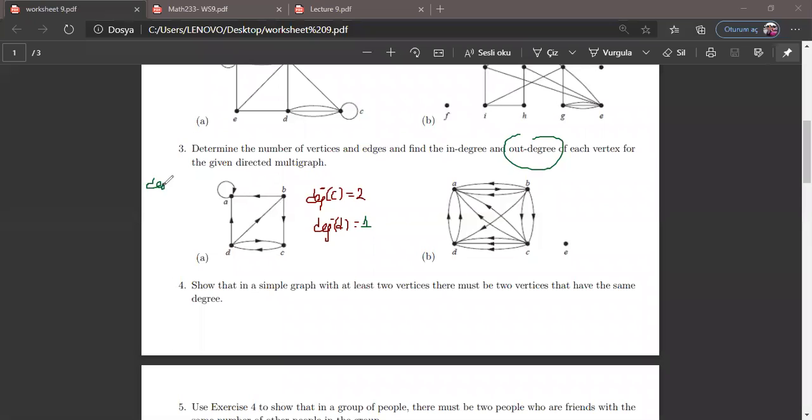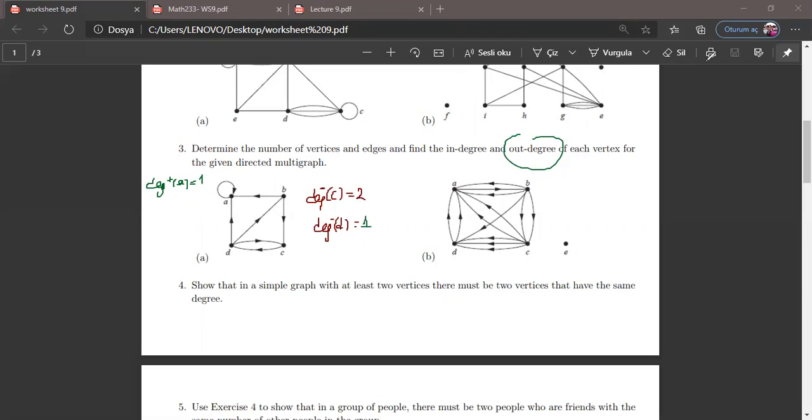So what about A? For out degrees, we denote them degree plus of A. Again, if we have a loop, we add only one. So we have one loop, and there is no other edge which starts with A, right? So there is only one edge there.